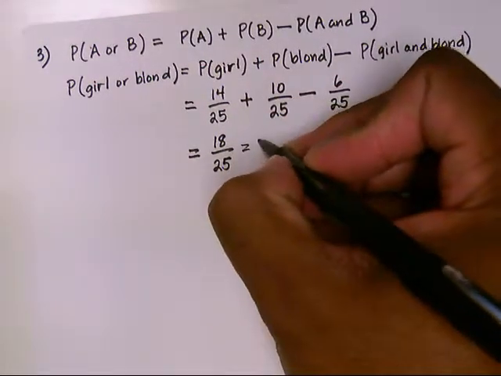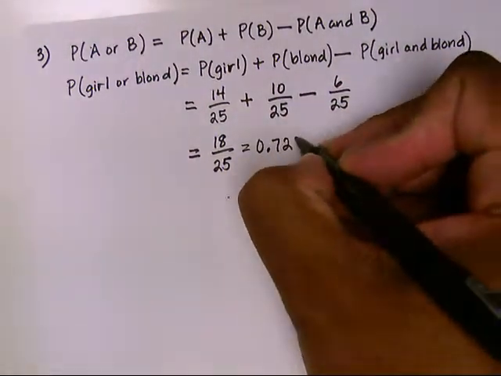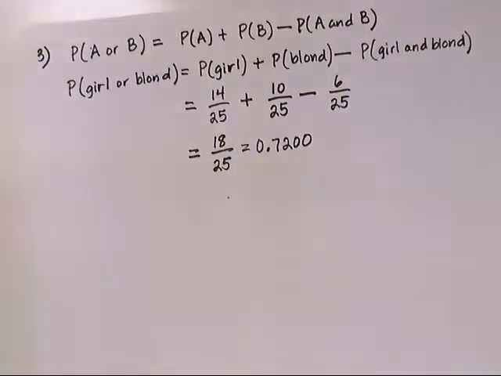And in this case, that's going to be 0.72, and then we add 2 zeros behind it. So the probability of selecting a girl or a blonde child will be 0.7200. That's problem number 3.